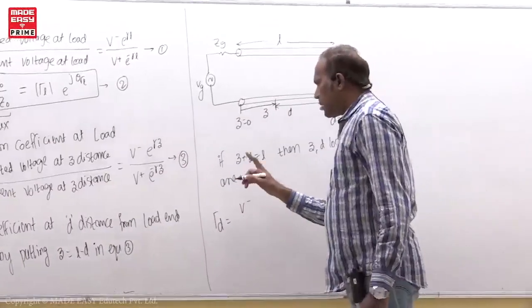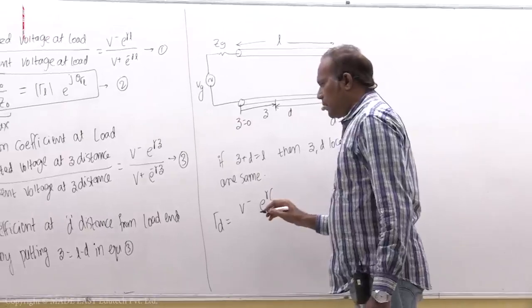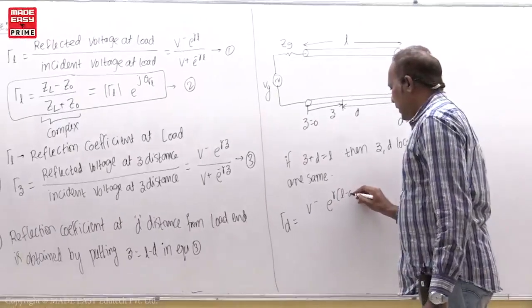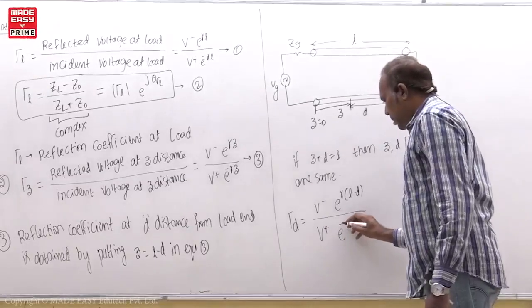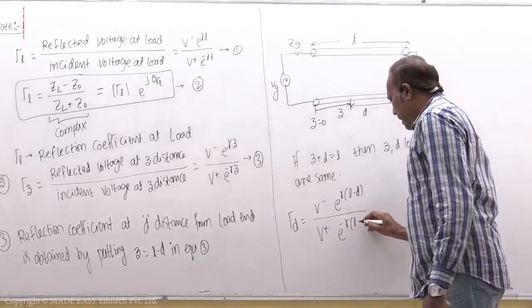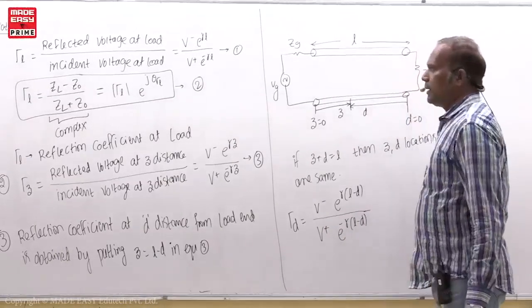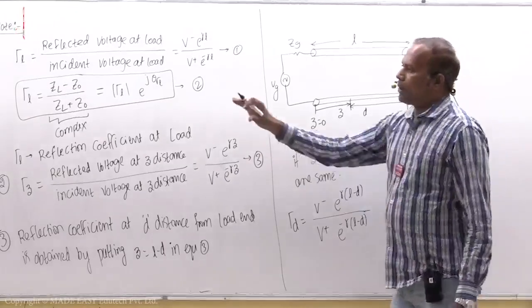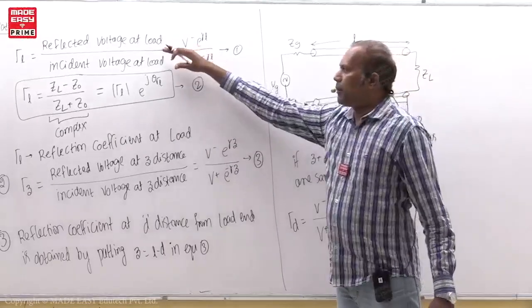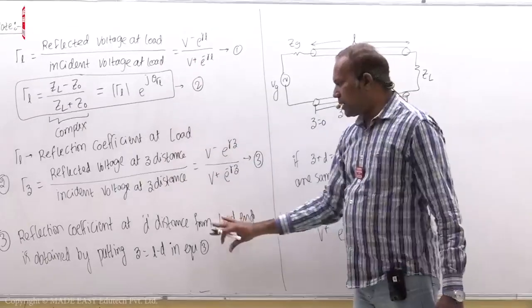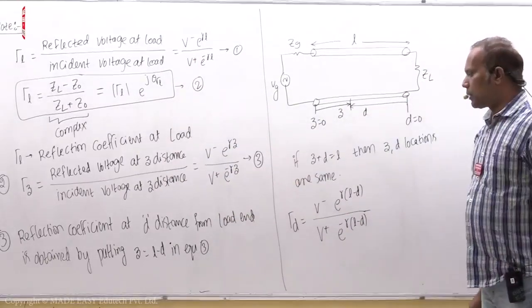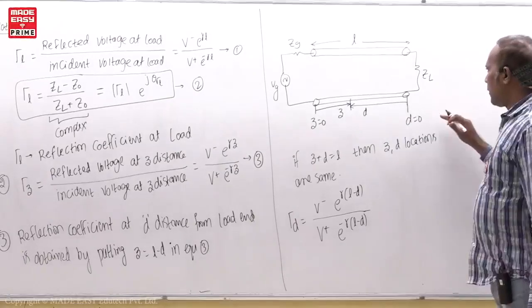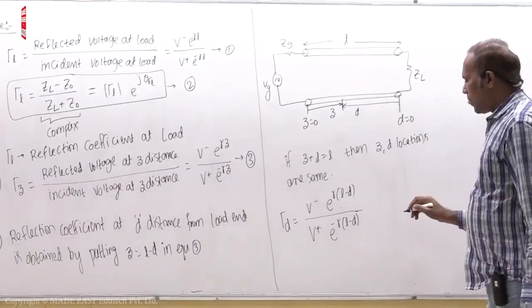So V minus e power gamma (L minus D) divided by V plus e power minus gamma (L minus D). Actually, derivation is going on, students. After this some derivation is going on. Here you need not remember these things. You need not remember this. One more formula is coming, which you have to remember.